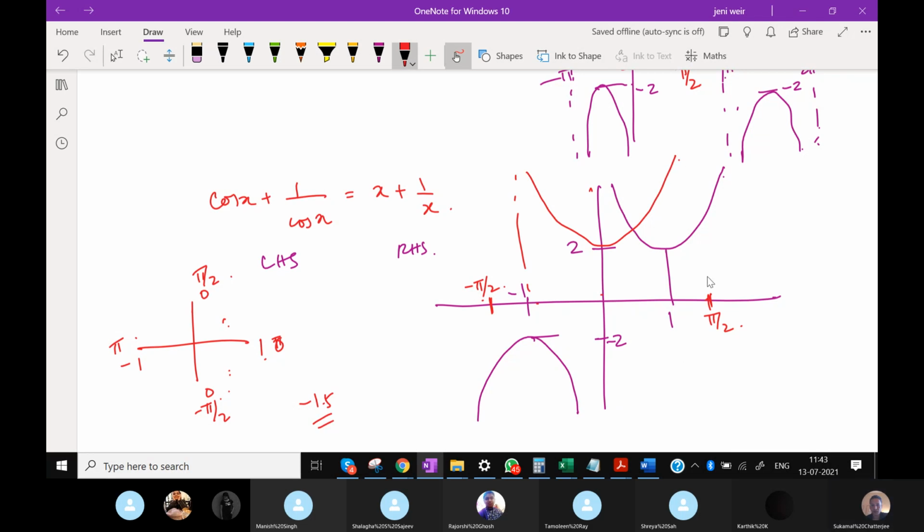Right? So this is at x equal to pi by 2 to minus pi by 2. So there will be one point of intersection out here.